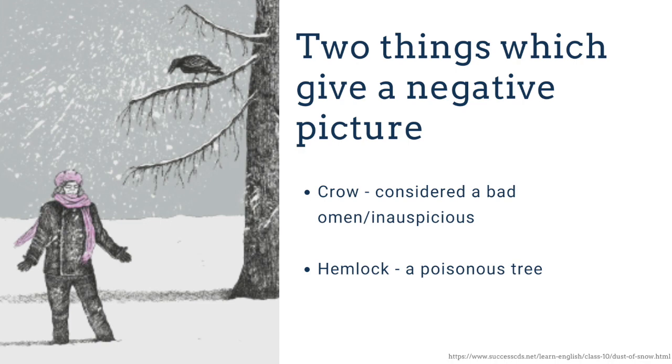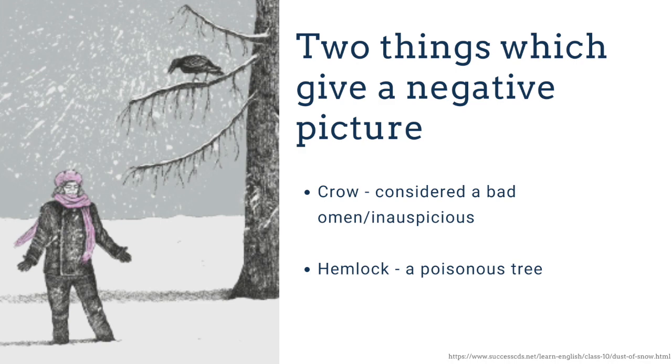But the crow, while sitting on or flying off or passing by the hemlock tree, showers dust of snow on the poet, which changes the terribly bad mood of the poet. That means negative symbols bring in positivity and optimism.